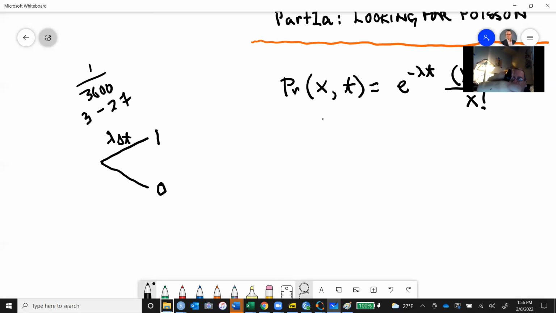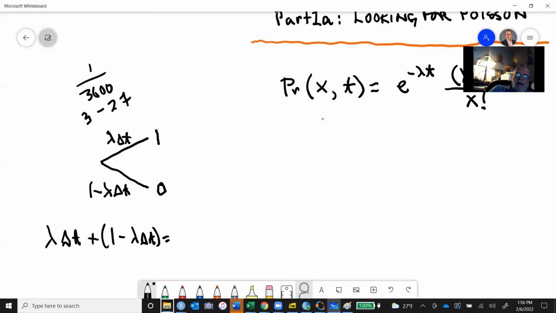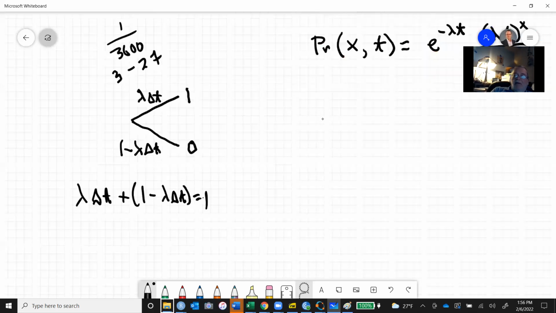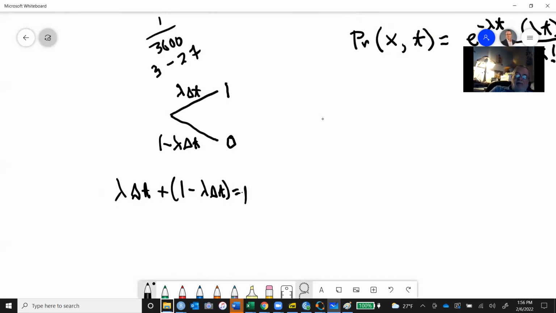And you can figure out events that are rare and not rare. 1 minus lambda delta t is the other probability, because these two probabilities add up to 1.